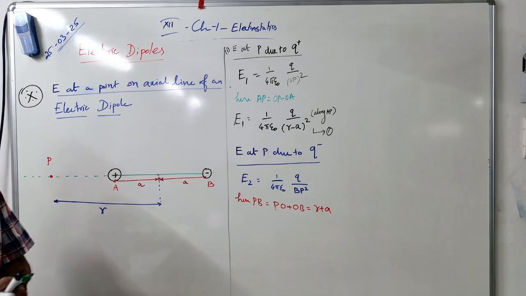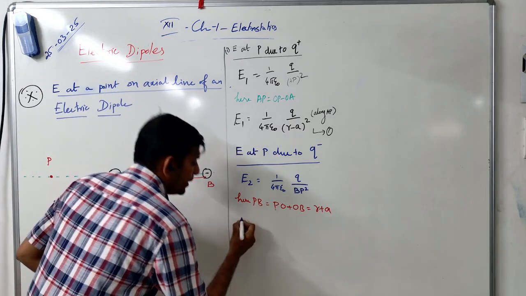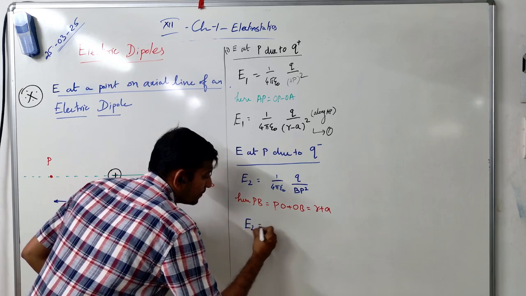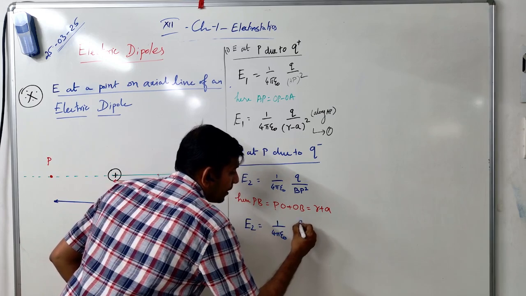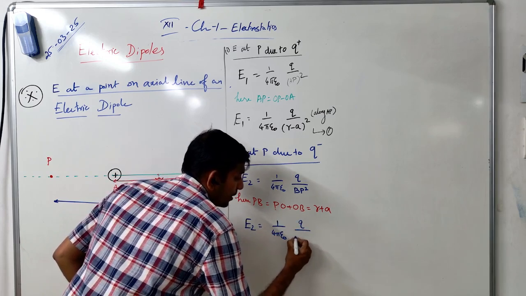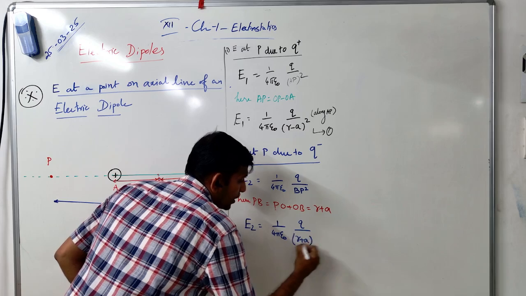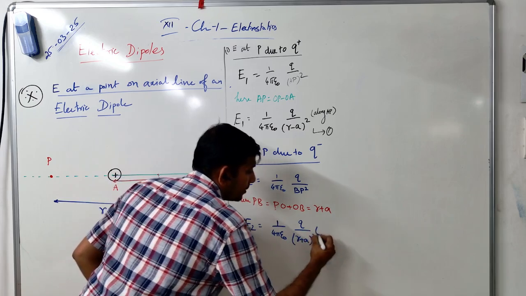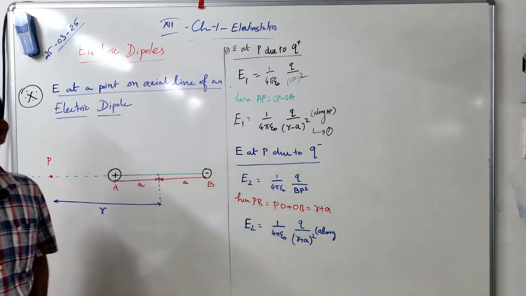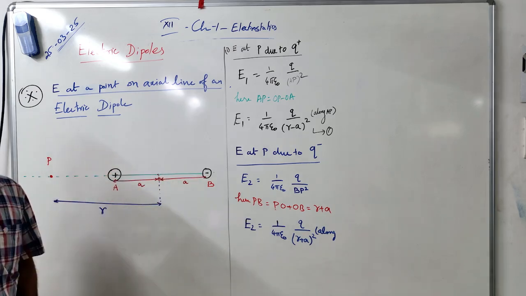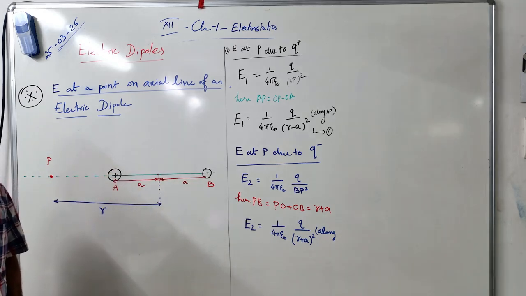So my equation turns out to be E2 is equal to 1 by 4 pi epsilon naught q divided by R plus A the whole square. This is along which direction, sir? Along PB, because this is radially inward.